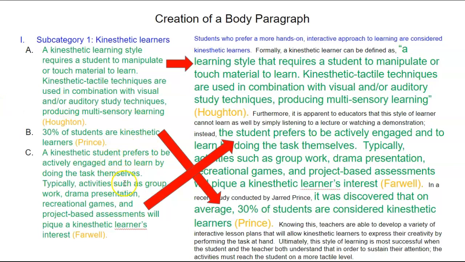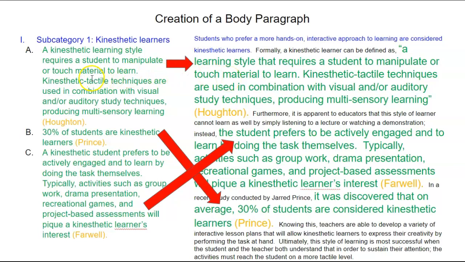Now this part is important. Your facts are going to go in the paragraph, but they aren't necessarily going to go in the exact order. They might, but you can see here, fact C was actually included second, and fact B was included third. Fact A was included first.